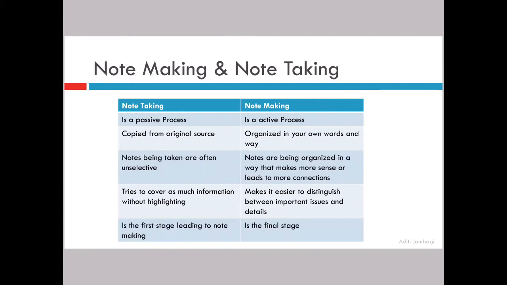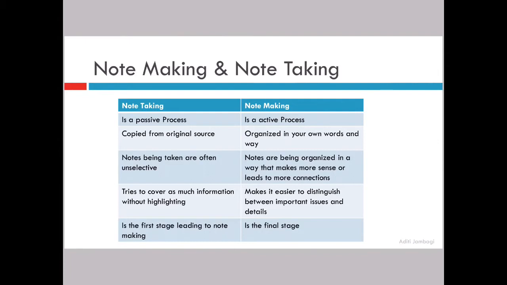Next point, note taking tries to cover as much information as possible without highlighting. You will try to write down as many things as possible without highlighting any particular word or text, because like I said, you do not know the entire text or the entire idea in that conference. So whatever you can write as fast as you can, you just start writing when you take notes.